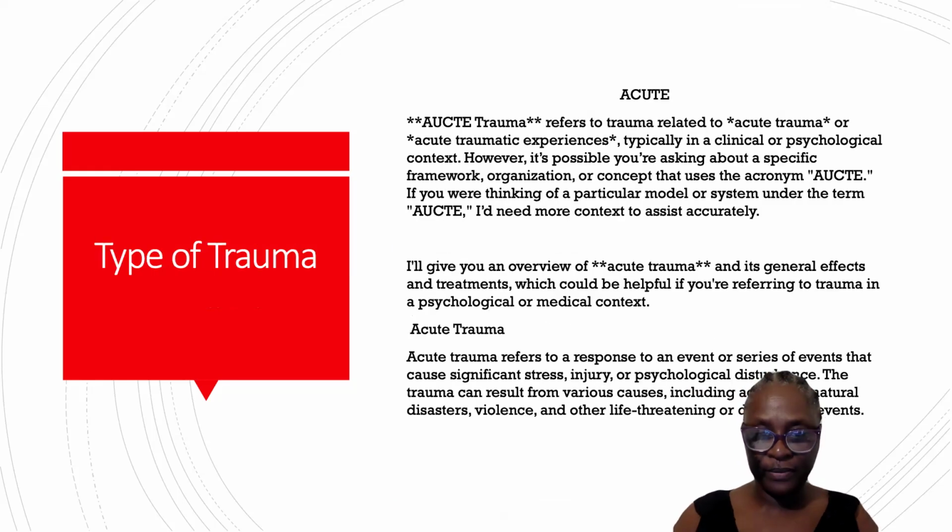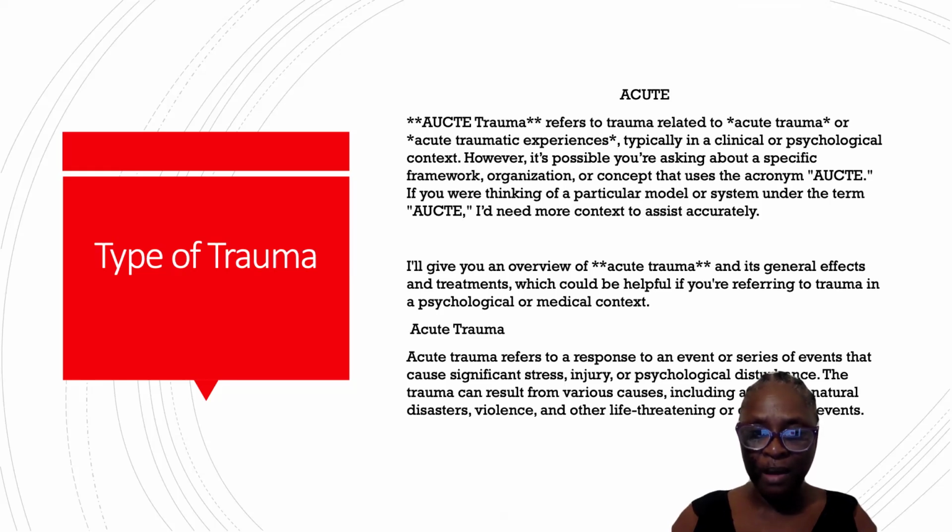Types of trauma. One type of trauma is acute trauma. It refers to trauma related to acute trauma experiences, typically in a clinical or psychological context. However, it's possible you're asking about a specific framework, organization, or concept that uses the acronym acute.